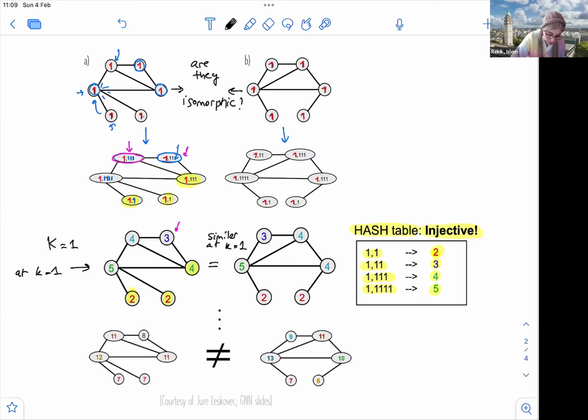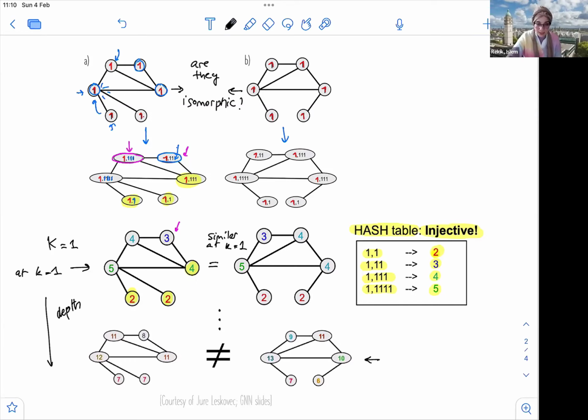But as we go deeper into the network, as we increase the depth and the number of layers, we can see that there is a divergence that happens here. So the indexing, the coloring is very different. So these are now different, okay?